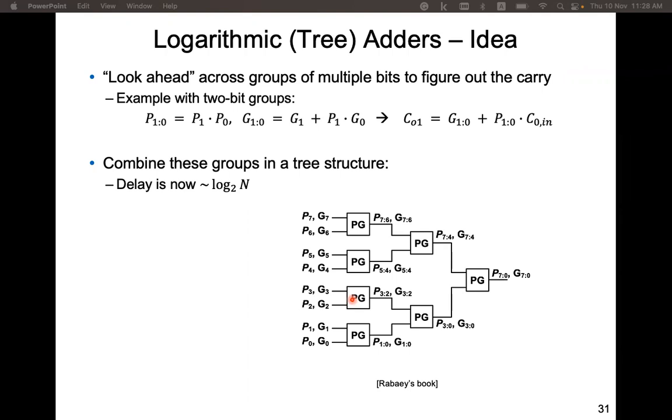And this can significantly reduce the number of stages. Say if you have 16 bits, then log of 16 to base 2 is what? It is 4, right? You have only a few stages. The signal only needs to pass those stages in the worst case.